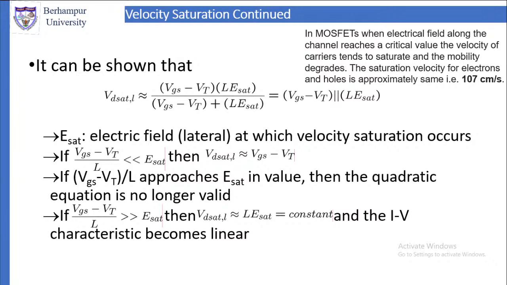Since L is constant, VD saturation will be constant. Therefore, IV characteristics will become linear. So we have seen three cases. In the first case, we keep the quadratic equation. In the second case, the quadratic equation is no longer valid. In the third case, the IV characteristic becomes linear because VD saturation is constant.